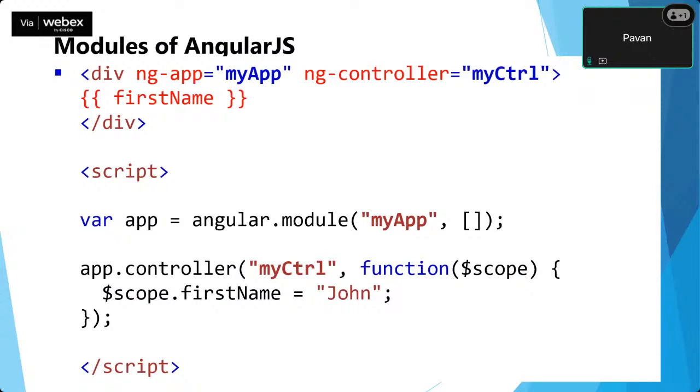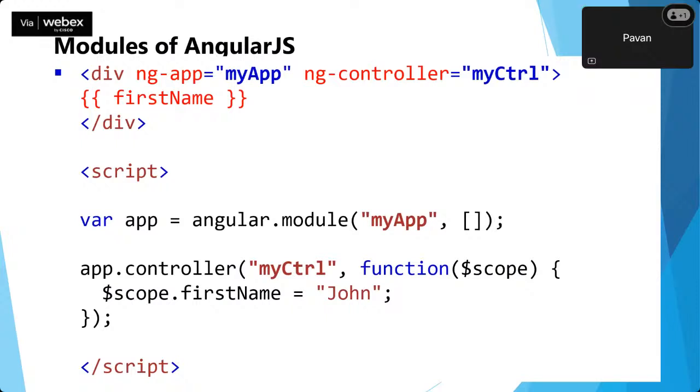And after that, as we have stored that module inside the variable called app, we'll use that variable to call out the controller. And we are calling this controller to create a function.